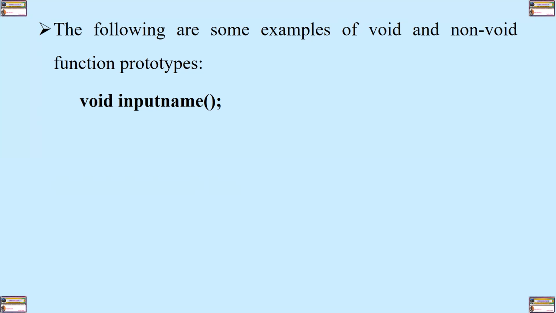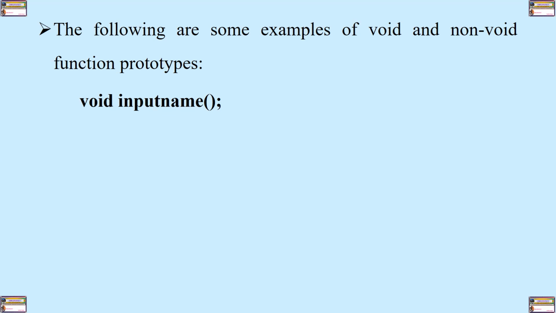And because this is a prototype, we terminate it with a semicolon. When the compiler encounters this statement, this prototype for a function, it will know that there is a function whose header or definition is void inputName somewhere.